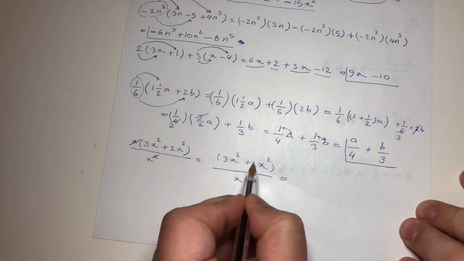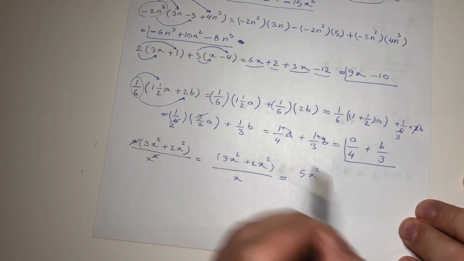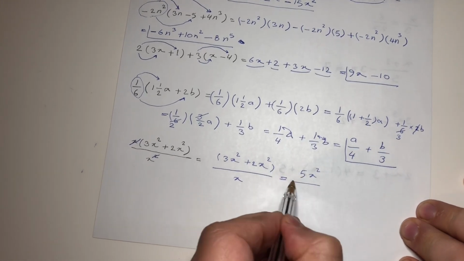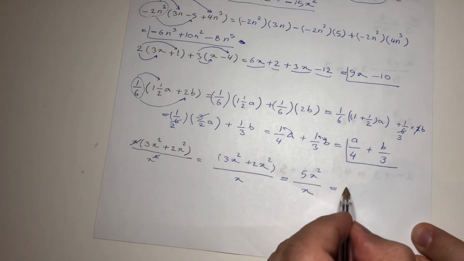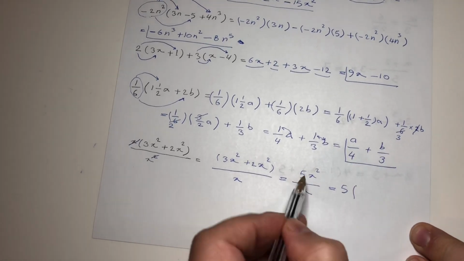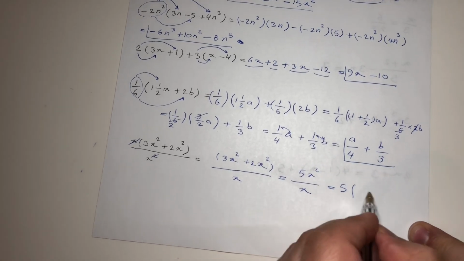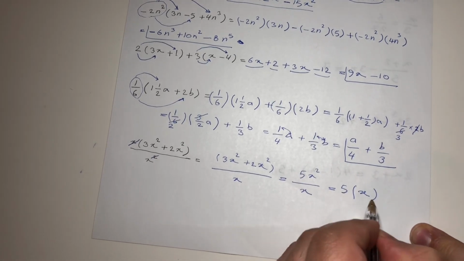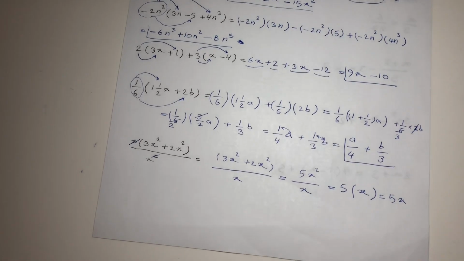Now 3x2 plus 2x2 would be 5x2, right? We have 3 apples plus 2 apples, 5 apples over x. Now we have 5. We have x to the power of 2 divided by x to the power of 1. The result will be x to the power of 2 minus 1, which means 1. That means x, right? So the result is 5x.